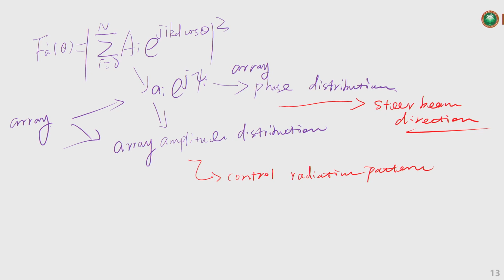So, if we take this further, for example, we have n elements, and we want to calculate an n-element array where each one has a uniform phase distribution.